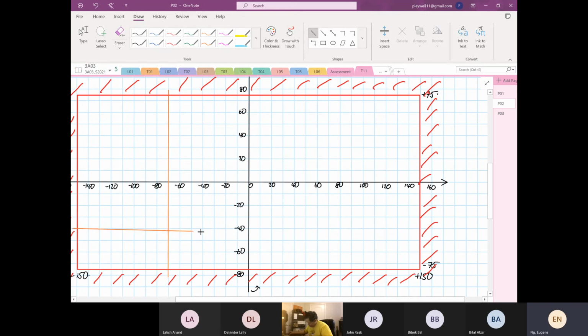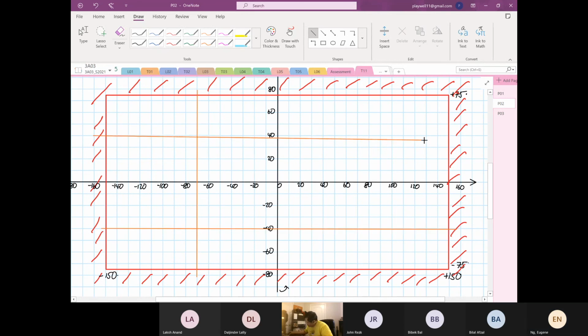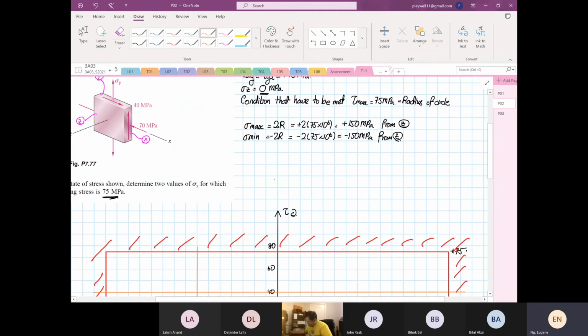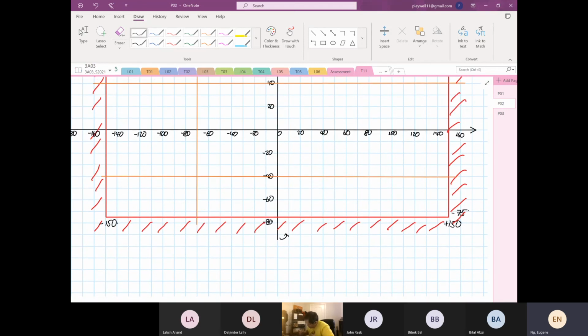Remember what I told you about shear: shear is the rotation of the element. It does not matter whether it is positive or negative shear; it all depends on the rotation of the element. So we know that at the first point X, the element is going to rotate anti-clockwise. So this is our point X.